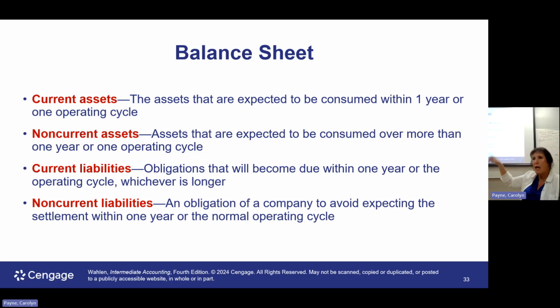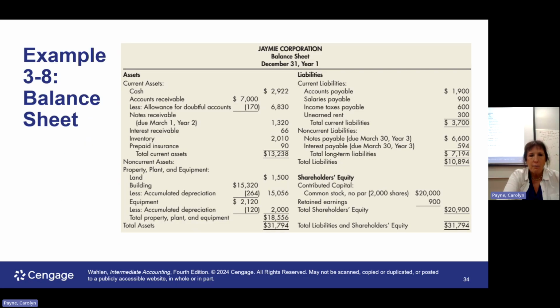So operating cycles are much shorter than a year, so therefore current is 1 year. And of course non-current is going to be anything that lasts more than a year. Current liabilities is everything that we're going to pay within 1 year or one operating cycle. All right, so there's a balance sheet.